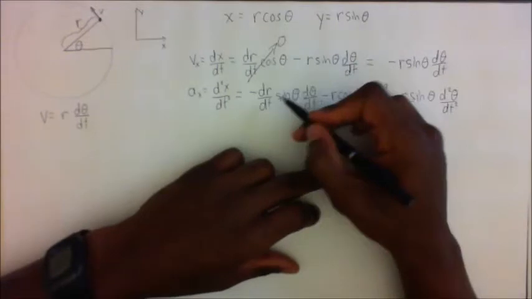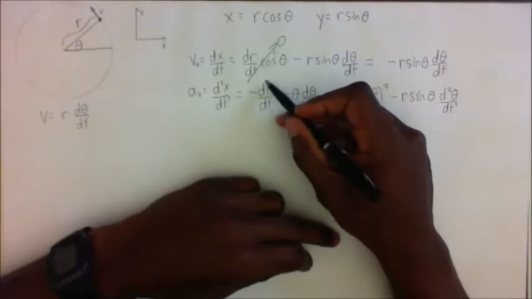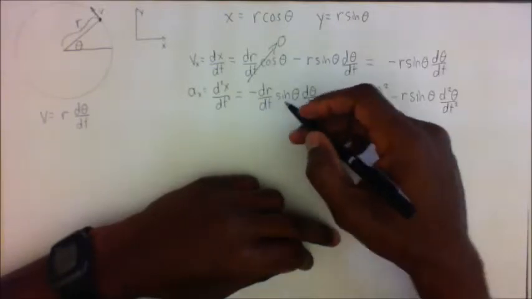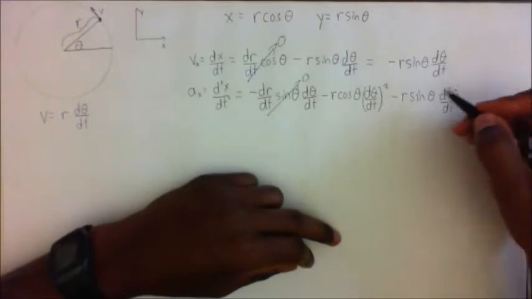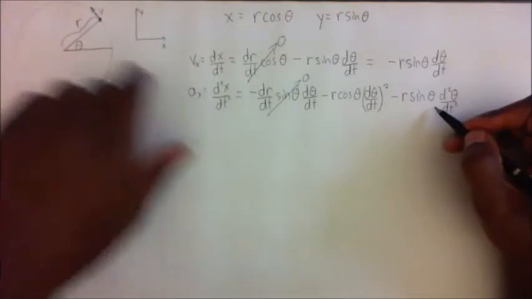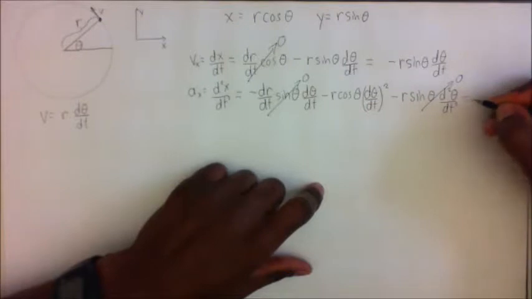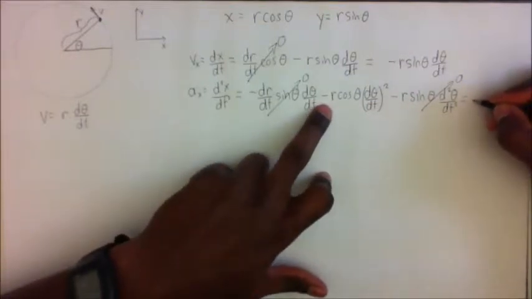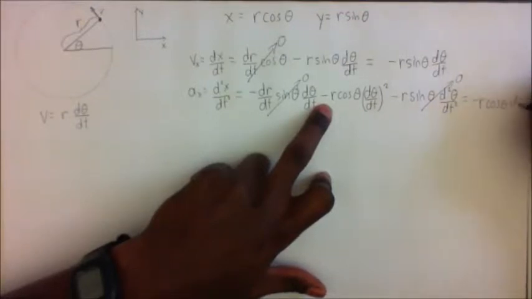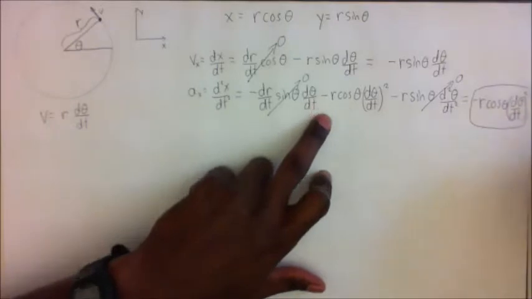Well, as I said, this is a constant radius circle, so the rate of change of the radius over time is going to be 0. Similarly, because we're traveling at constant speed, the angular acceleration is going to be 0. So what we have left is minus r cosine theta d theta over dt squared, and that's basically the x component of the acceleration.